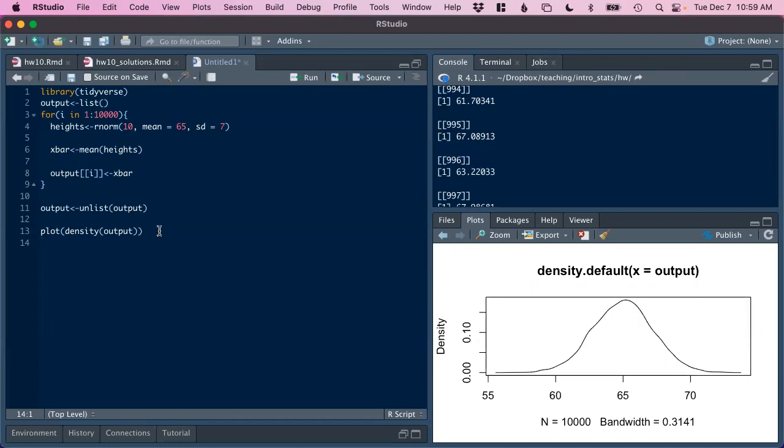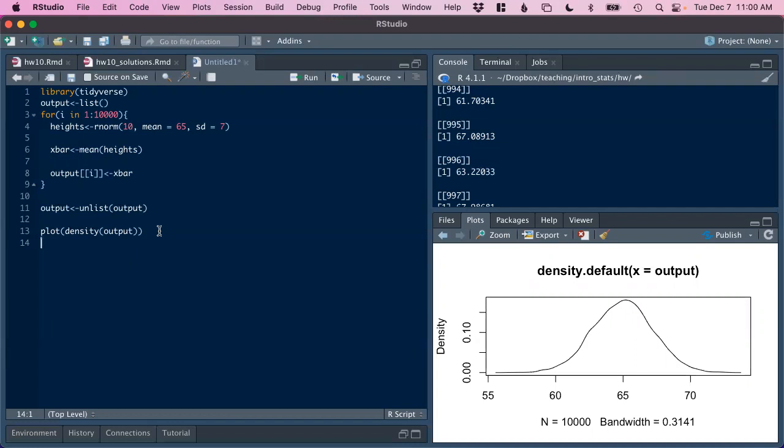So here we have a mean of 65, which will be, again, according to the law of large numbers, the sample mean will converge, right? X bar will converge to mu. So the most frequent value we get here is 65.